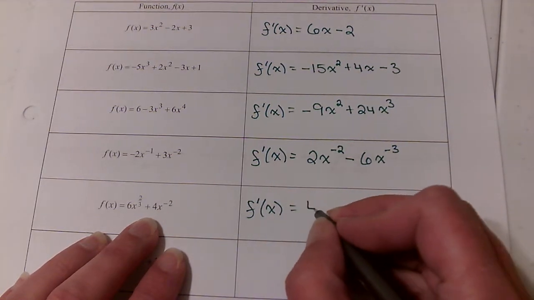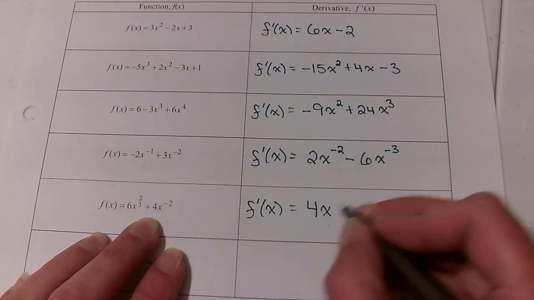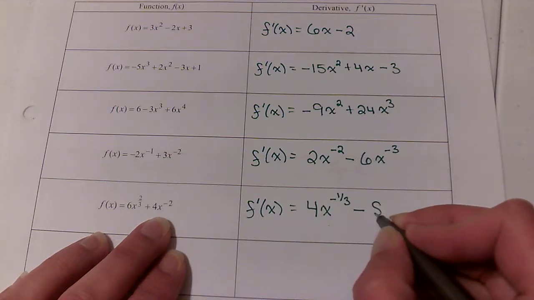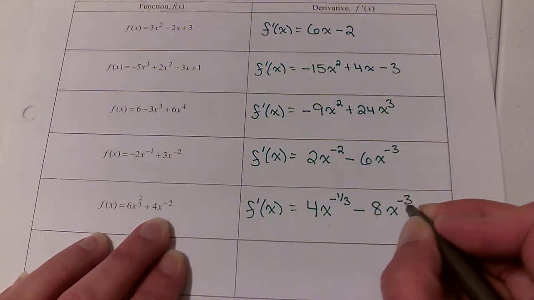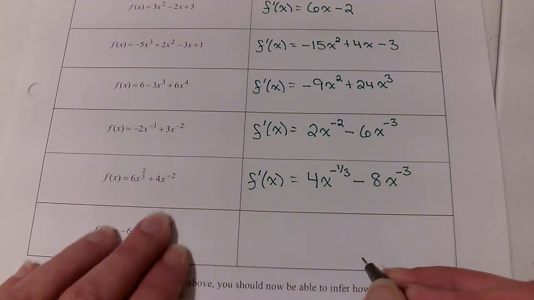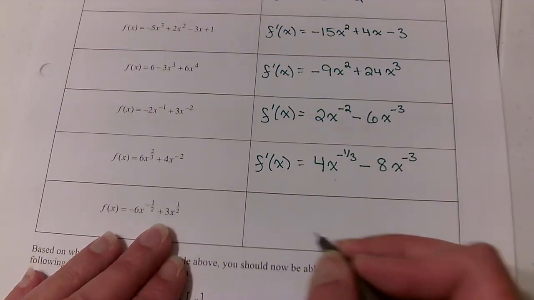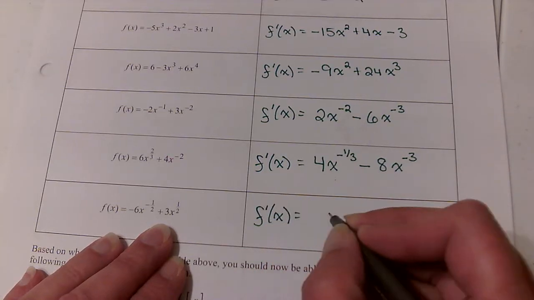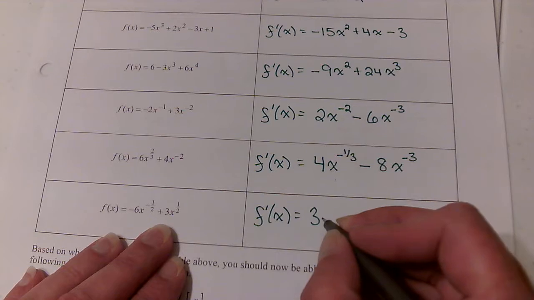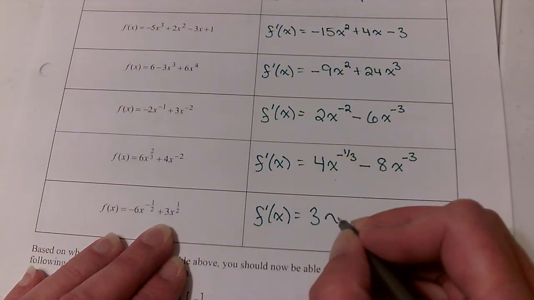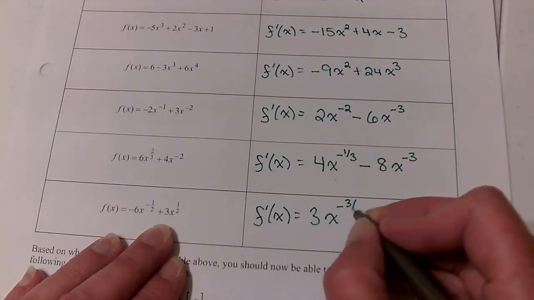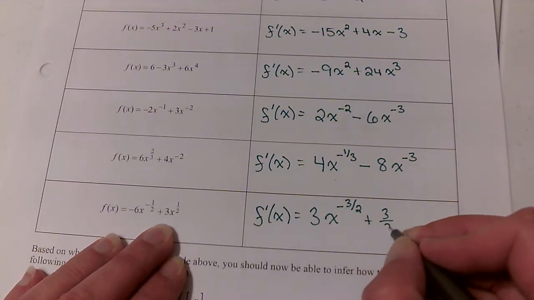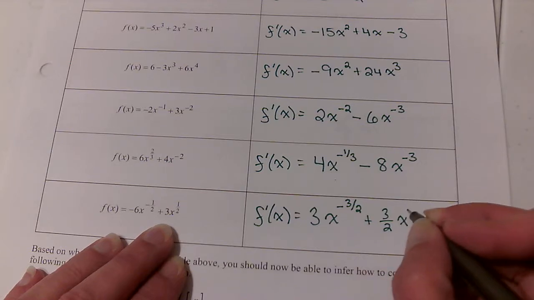That's going to be a 4x to the negative 1/3 minus 8x to the negative 3. Then x to the negative 3/2 plus 3/2 x to the negative 1/2.